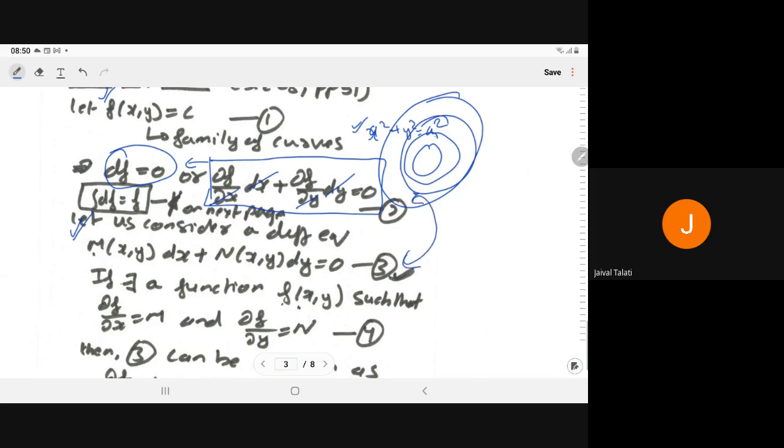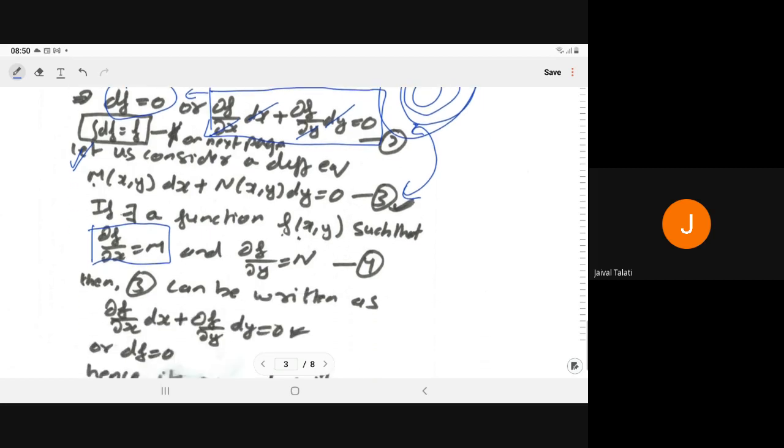Here we have del f by del x into dx plus del f by del y into dy is equal to 0, and here we have M dx plus N dy is equal to 0. It means we are assuming that del f by del x is equal to M and del f by del y is equal to N.